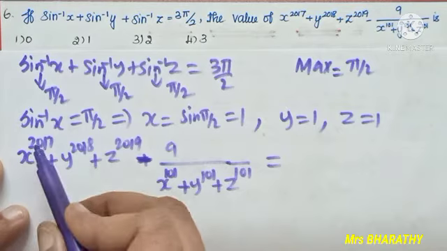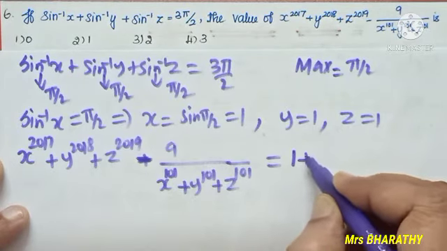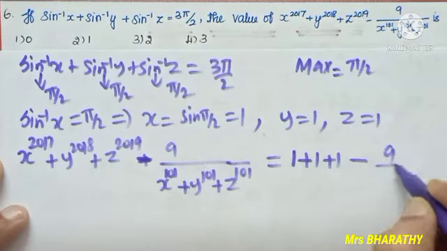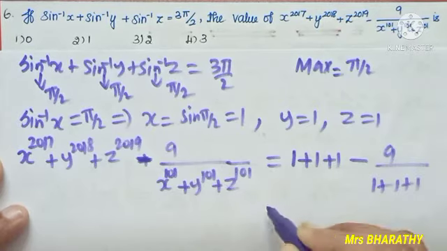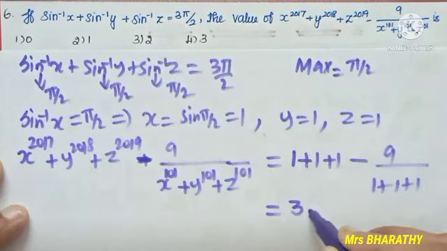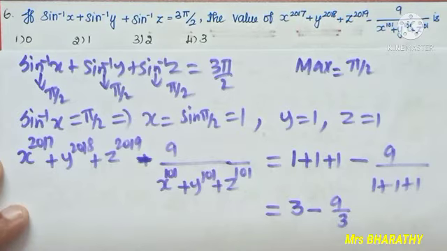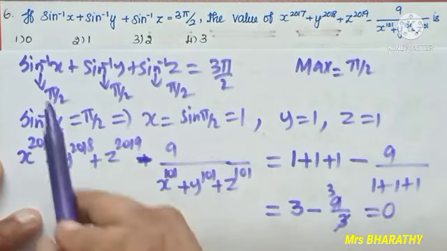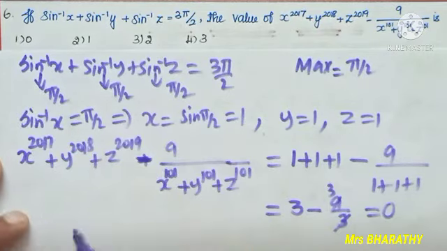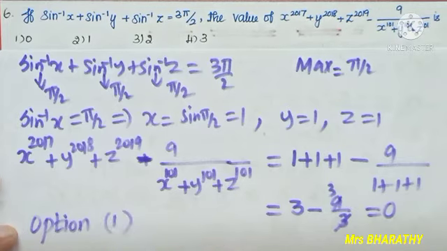So 1 power any number is going to be 1 only. Minus 9 by 1 plus 1 plus 1. We get 3 minus 9 by 3. This is again 3. 3 minus 3 is 0. Out of the 4 options, option number 1 gives us 0. So the correct option is option number 1.